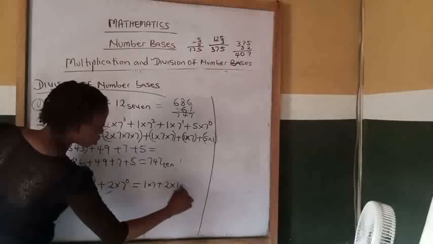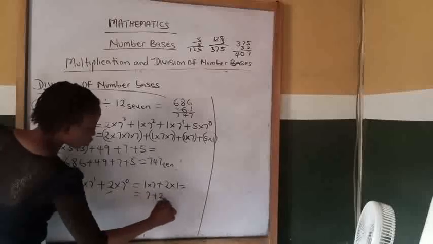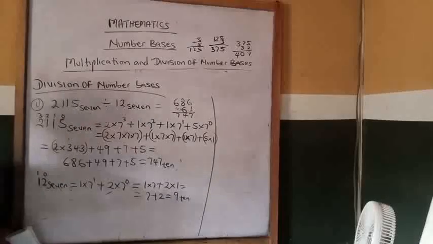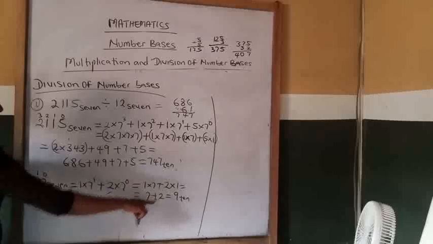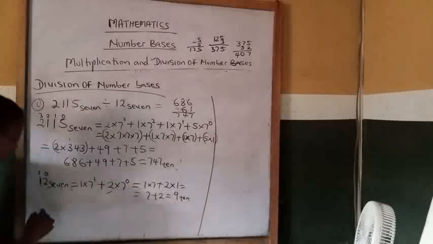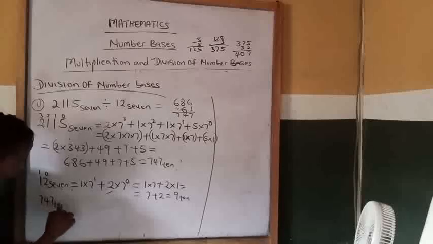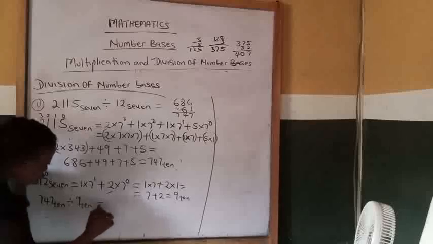That is 7 plus 2, which is 9 base 10. Therefore, we divide the one we converted to base 10 by base 9. So 747 base 10 divided by 9 base 10 equals what?